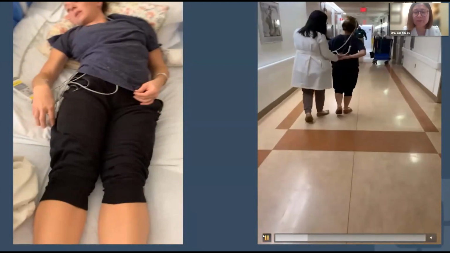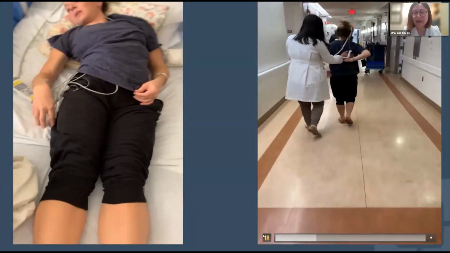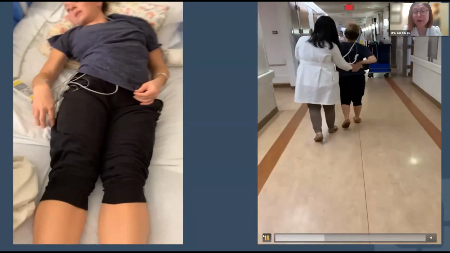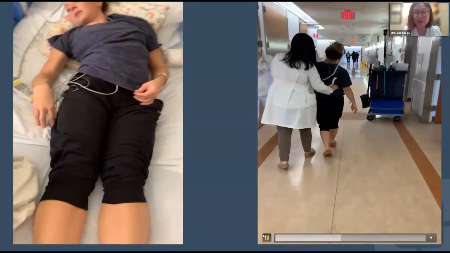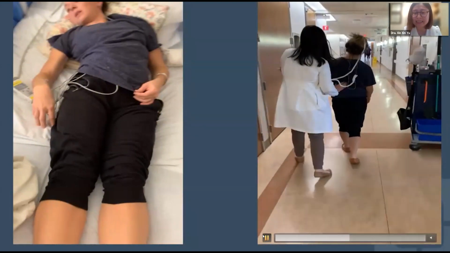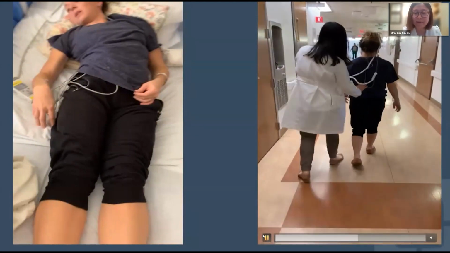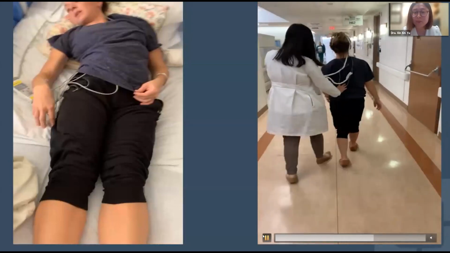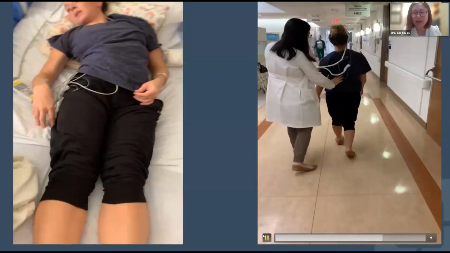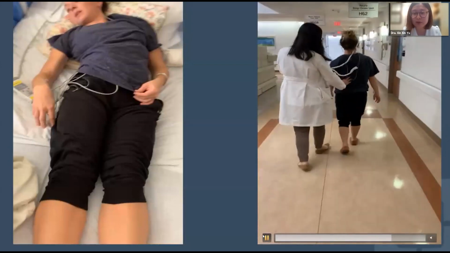We tried a number of different distraction techniques. Here she was trying to show me where she felt the spasm the most. We tried a suggestible technique and also a mindfulness exercise as we were walking down. You can see her posture start to normalize when she was following those instructions.